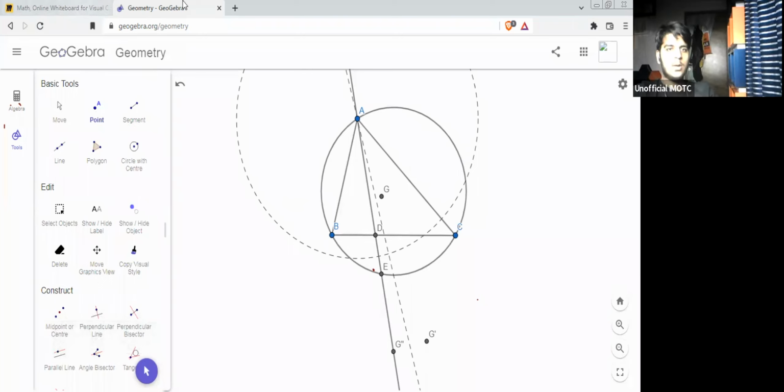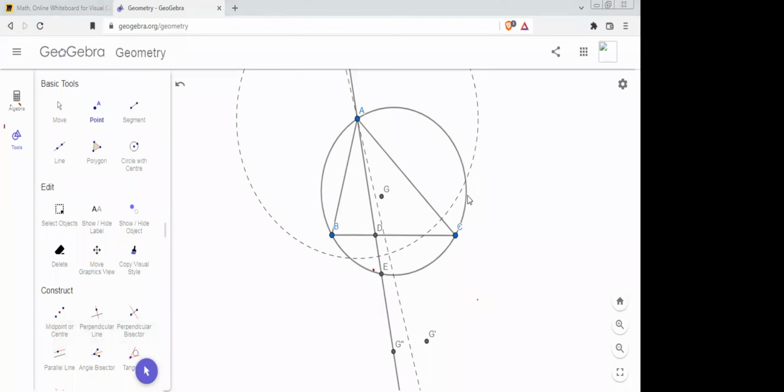I don't think so. One second, I need to drink water. If G dash is the reflection of D, if that's a reflection of A and D, then AD is equal to DG dash.